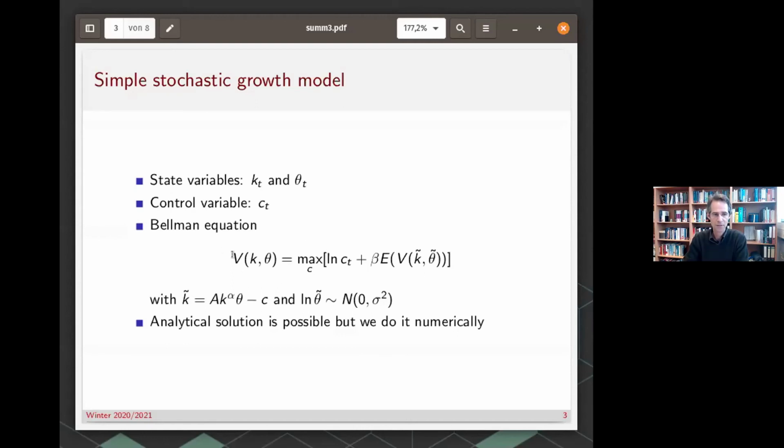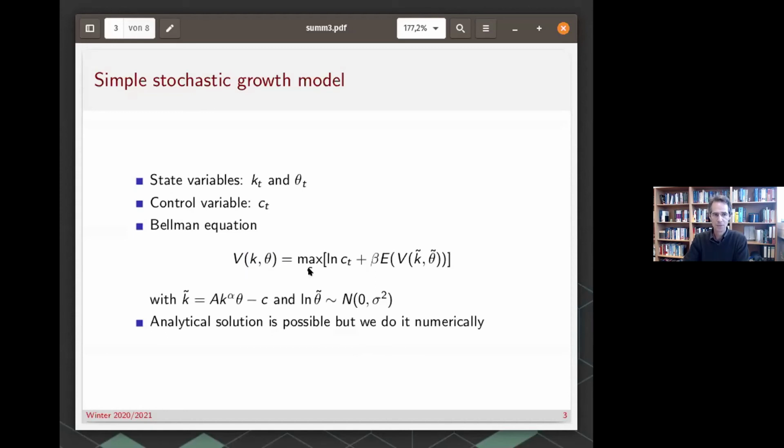So the value function for the current values, we drop the time index here because we only distinguish between the values today and the values tomorrow. And these are the values today. So the value function now depends on 2 state variables, capital and technology.